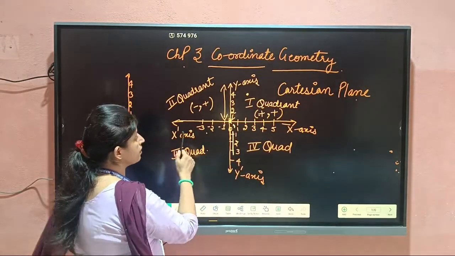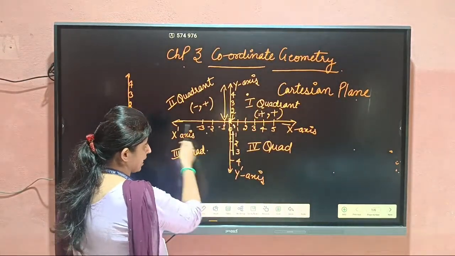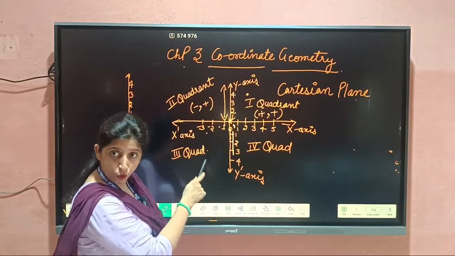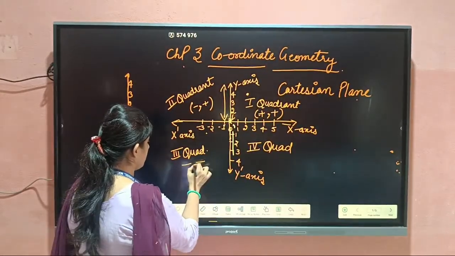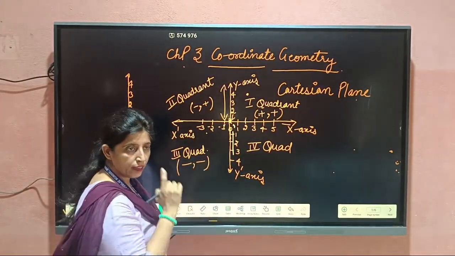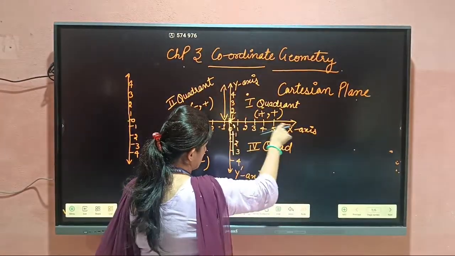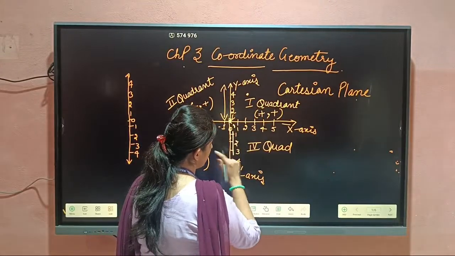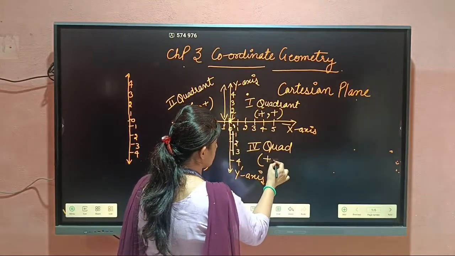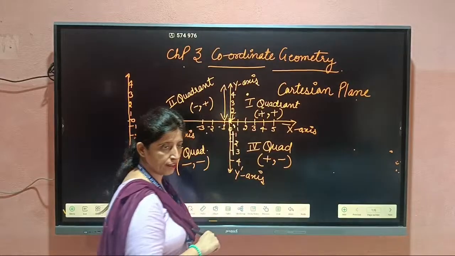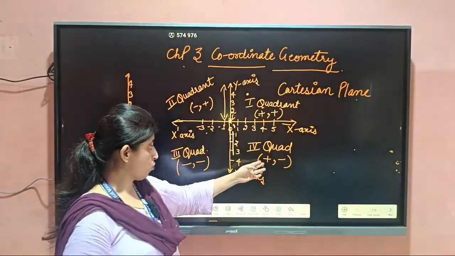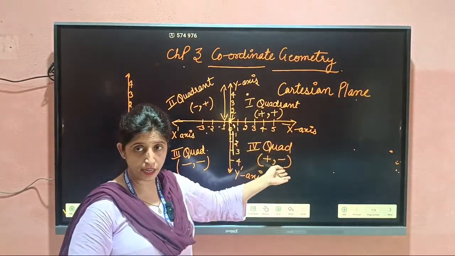Now in third quadrant, x is negative, y is also negative, both are negative, right? And in fourth quadrant, look here, x is positive, y is negative.